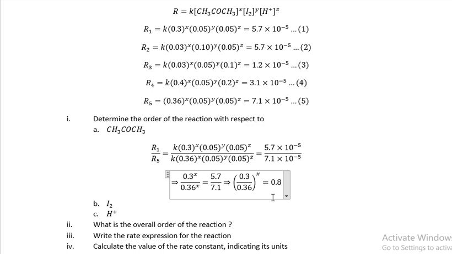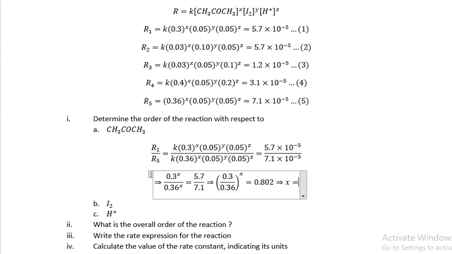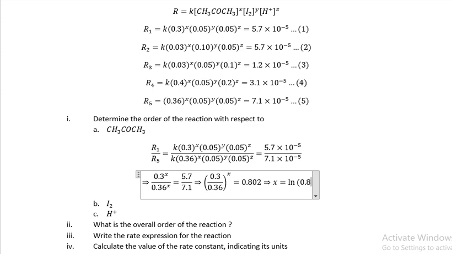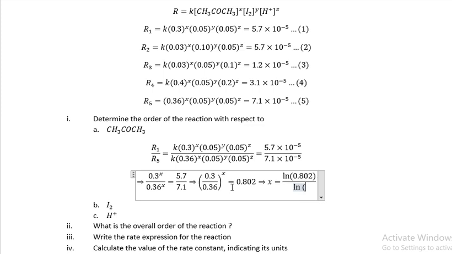Now if we apply logarithm on both sides, your x will just be equal to the logarithm of 0.802 divided by the logarithm of 0.833.